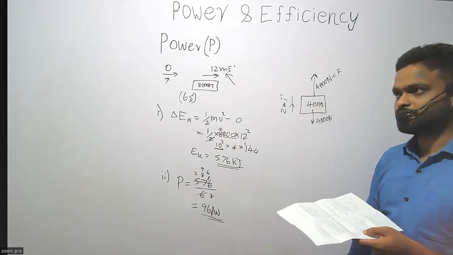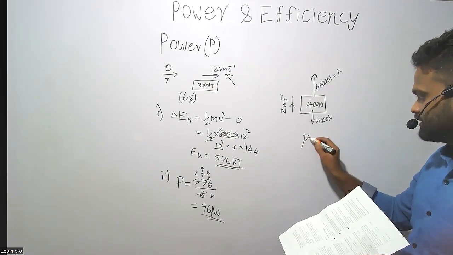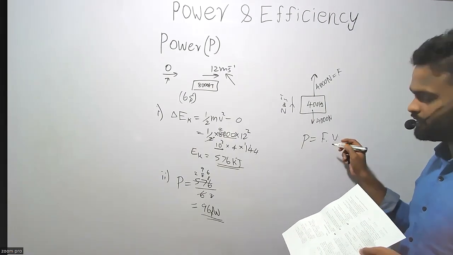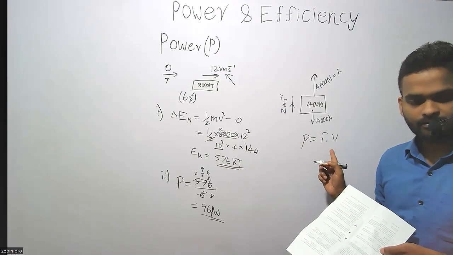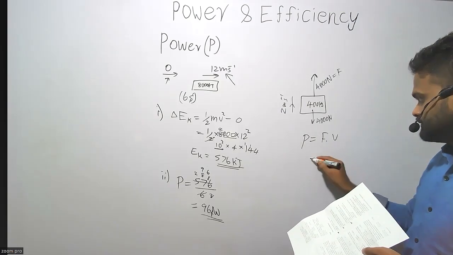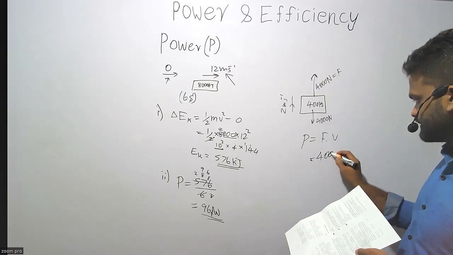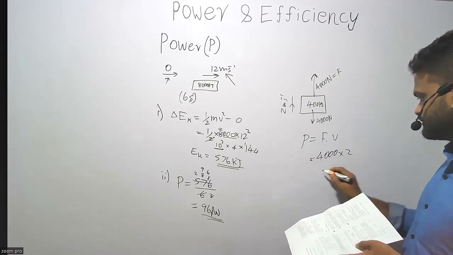Now we are going to use another form of the power equation. That is P equals FV. You can directly use this equation, right? This is a standard equation. So the force applied, that is the driving force, is 4000. Velocity is 2.